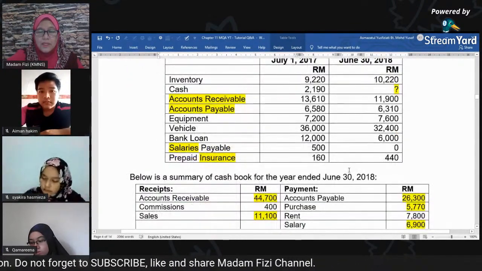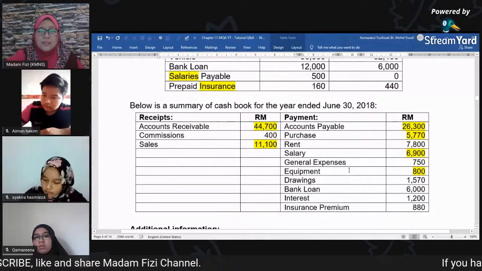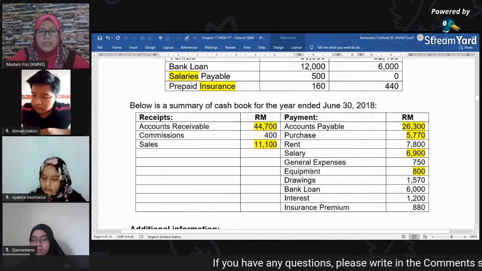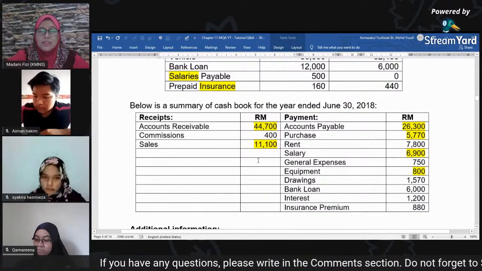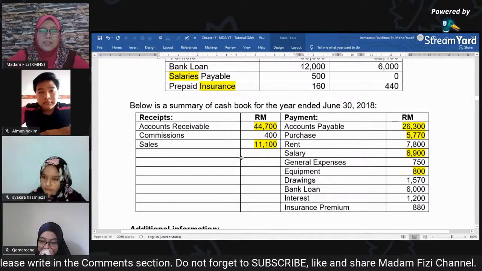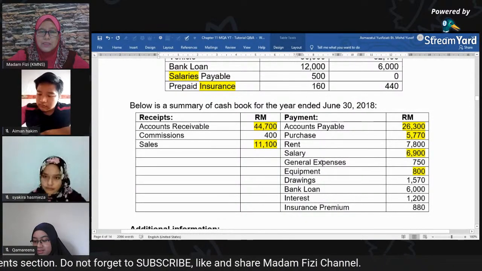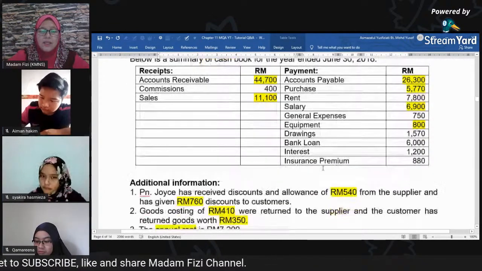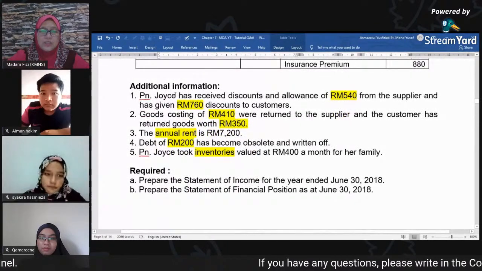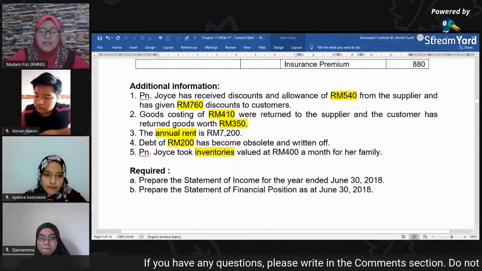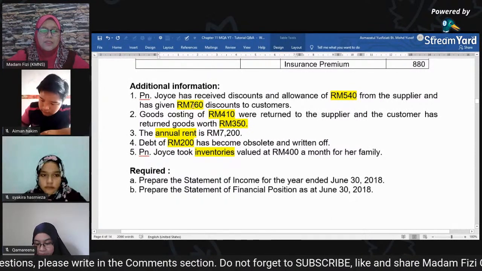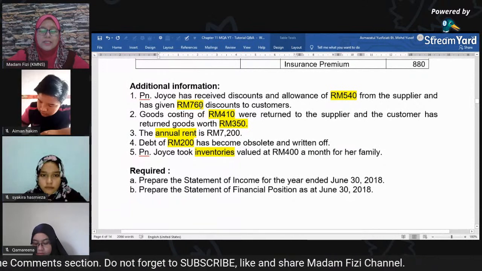Okay, next. Below is a summary of cash book for the year ended June 30th, 2018. Here the cash book given is receipts and also payments, the details. And the additional information, Puan Joyce has received discounts and allowance of 540 from the supplier and has given 760 discounts to customer.